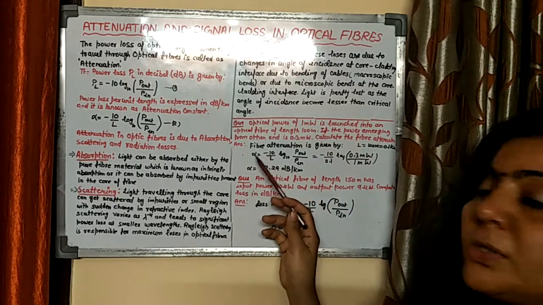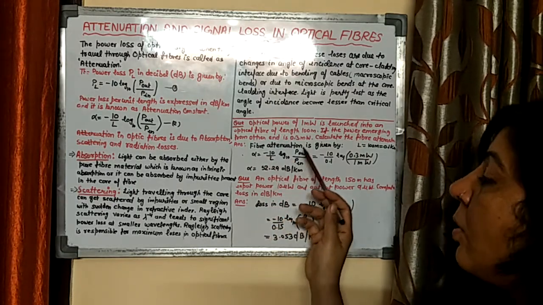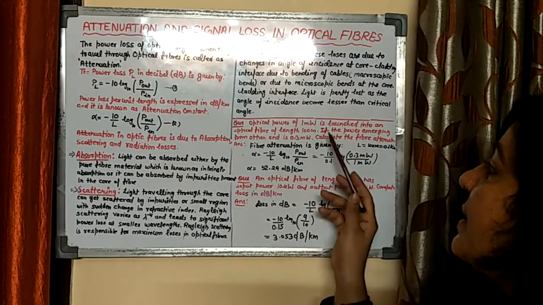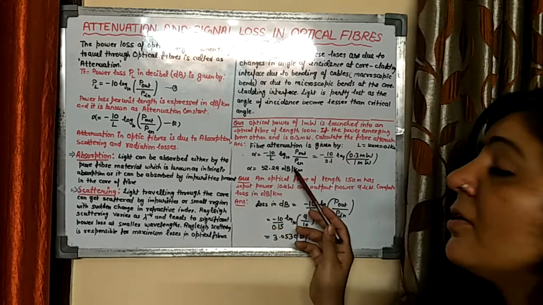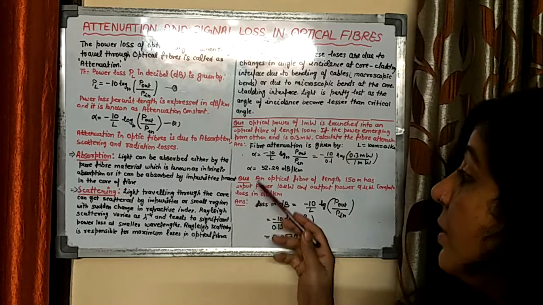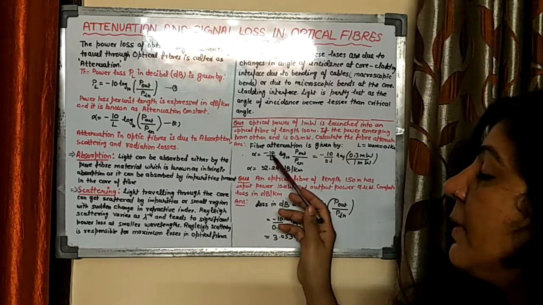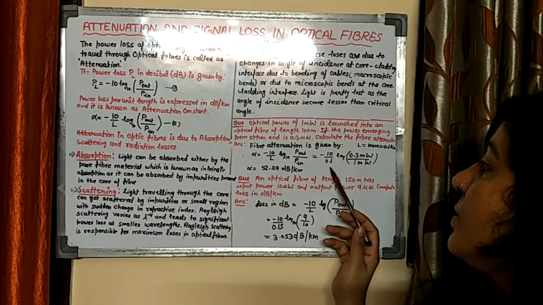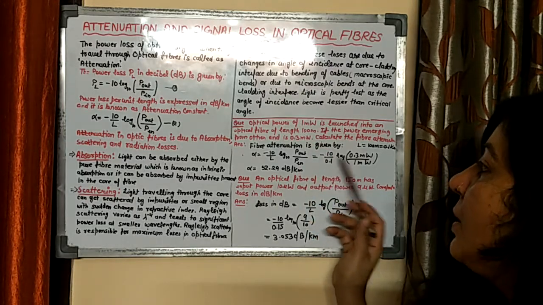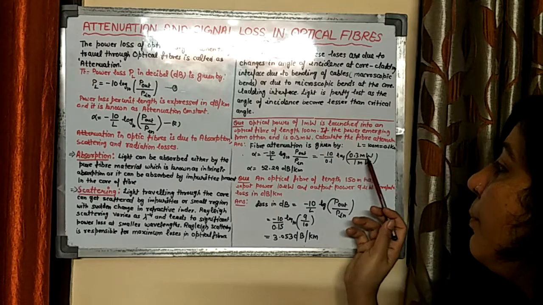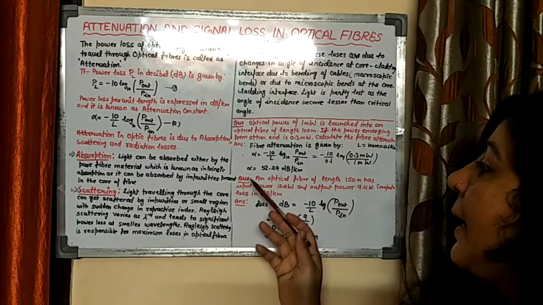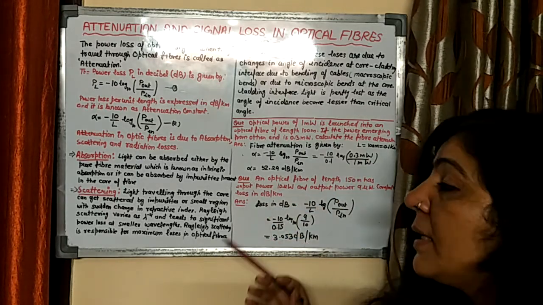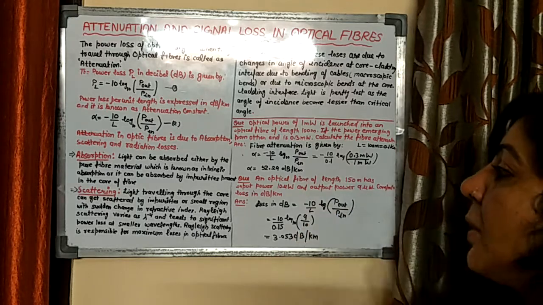The attenuation constant is minus 10 upon L log of output power upon input power. Since the length is 100 meter and the signal loss is in decibel per kilometer, you have to express L in kilometers. So 100 meters is equal to 0.1 kilometer, and then you substitute the input power and output power. You will solve it and get the attenuation constant in decibel per kilometer.